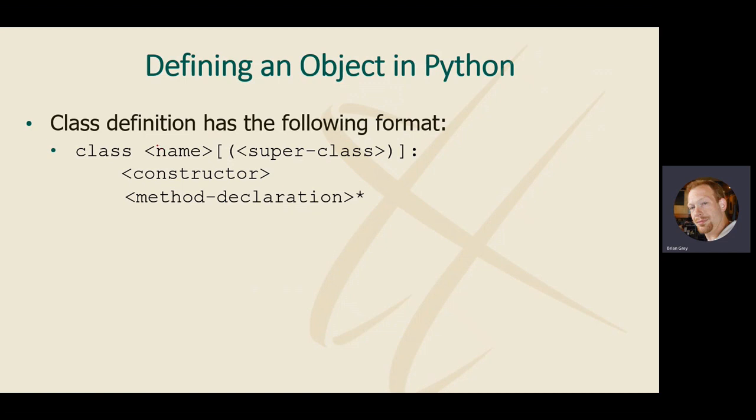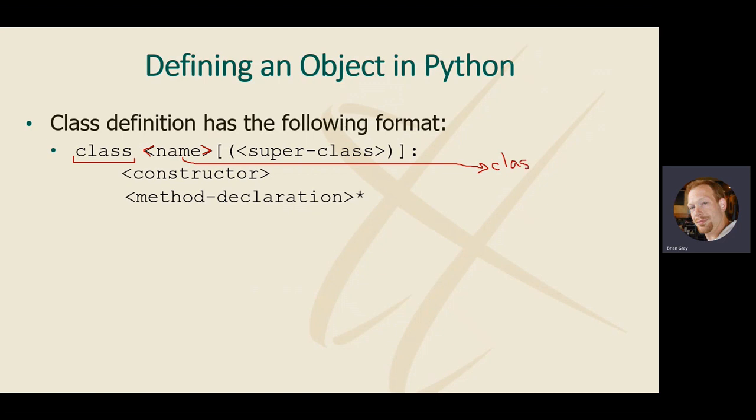Anytime you see something with these little angle brackets, like you'd have in HTML or XML, what this means is this is a type of statement, a type of value that can be replaced. Right? So class is literally what you put in. The very first word is class.